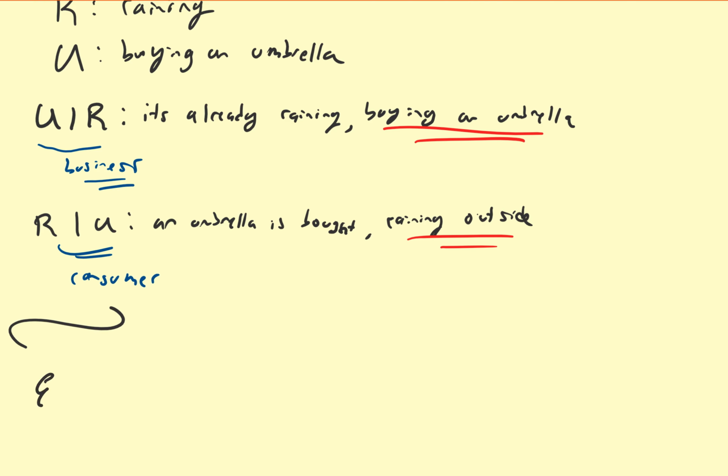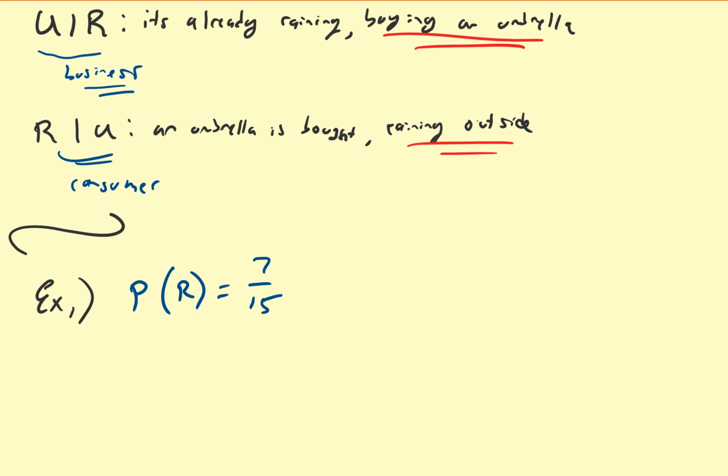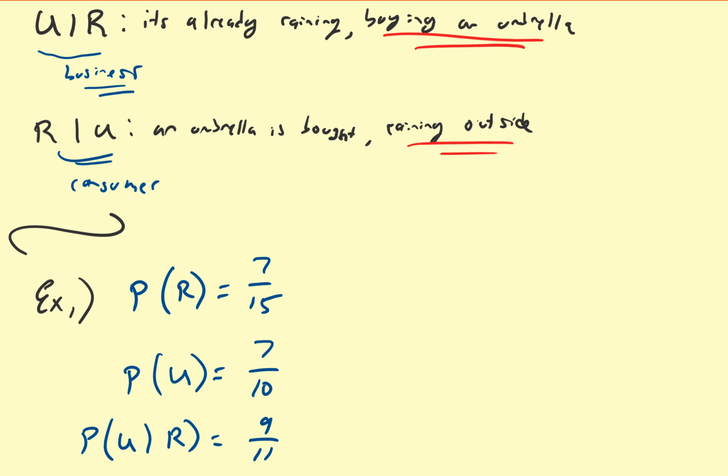All right, so let's assign some numbers here. Let us assume that the probability of it raining is equal to 7 divided by 15. Let us also assume that the probability of a person coming into a store and buying an umbrella is 7 out of 10. And let us also assume that the probability of buying an umbrella, assuming that it is raining, is equal to 9 divided by 11.